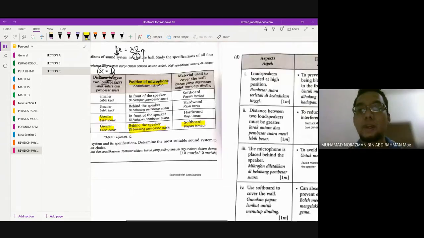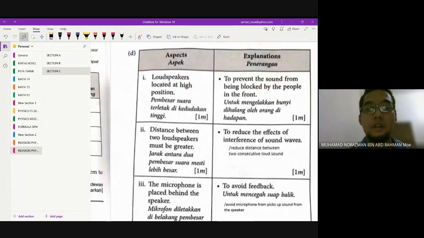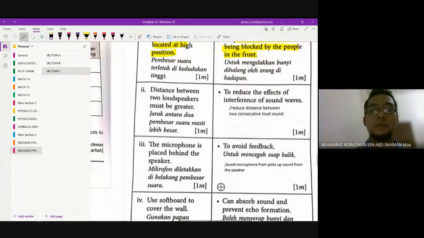Next, we explain every aspect. Loudspeaker located at a high position to prevent sound from being blocked by the people in front. The distance between two loudspeakers must be greater to reduce the effect of interference of waves.